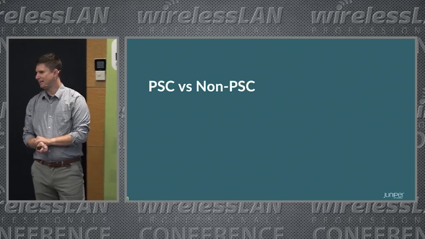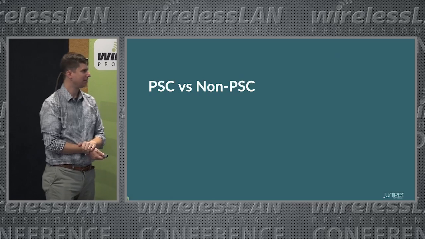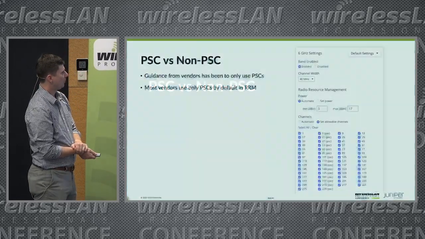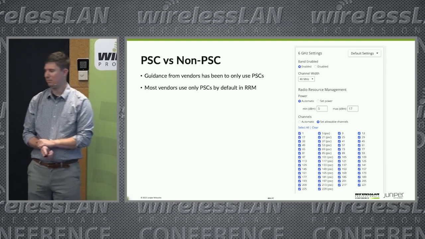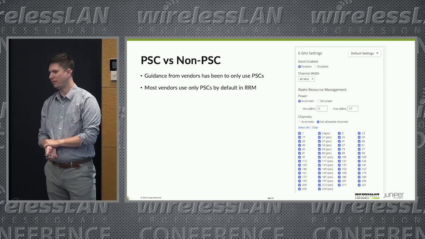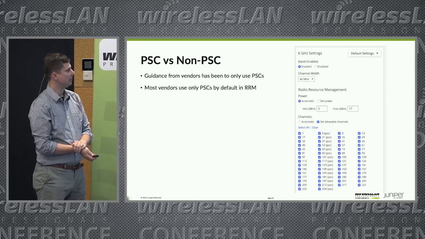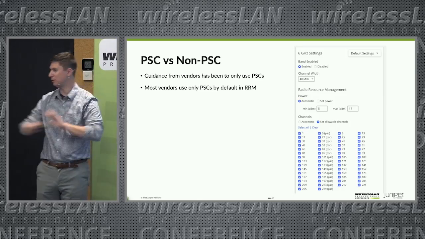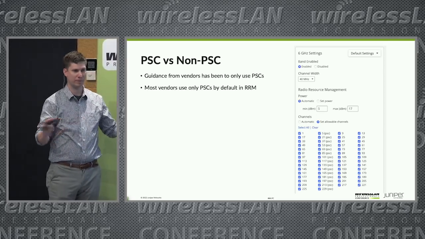Next is the PSC versus non-PSC discussion. If you look at my presentation or pretty much any vendor documentation on 6 gigahertz, the recommendation is to use PSCs strictly. That's all you should do. If you use non-PSCs, your network will burn down.